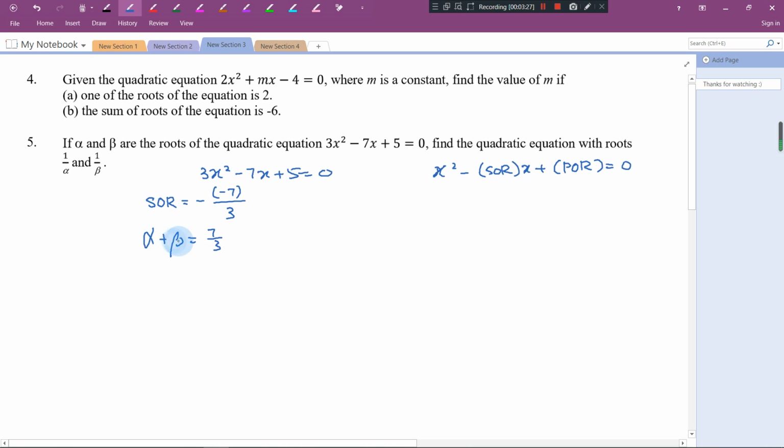I don't know alpha and beta, but I know alpha plus beta is equal to 7 over 3. Product of roots, formula c over a, 5 over 3. Alpha beta is equal to 5 over 3. Now I have the value of alpha plus beta and alpha times beta. So how about the new roots?